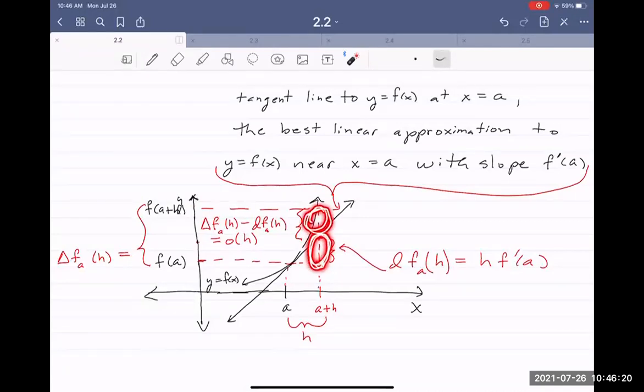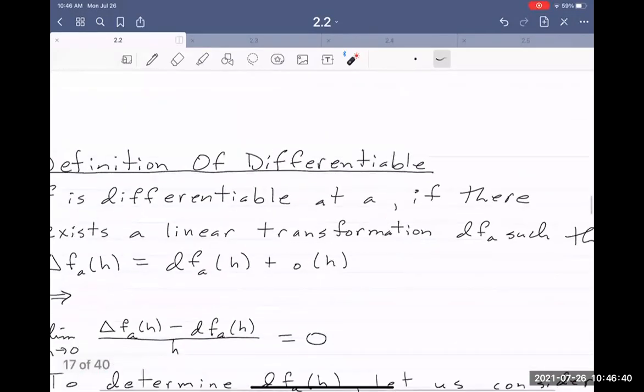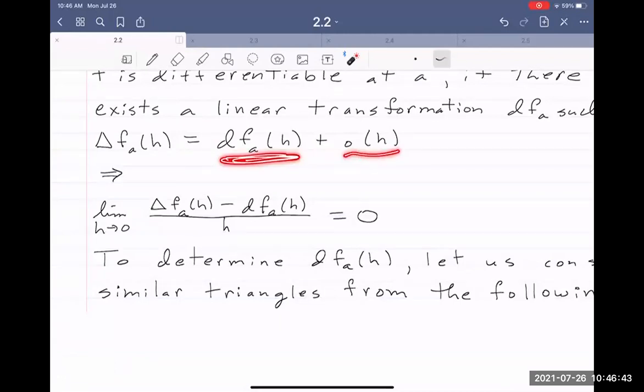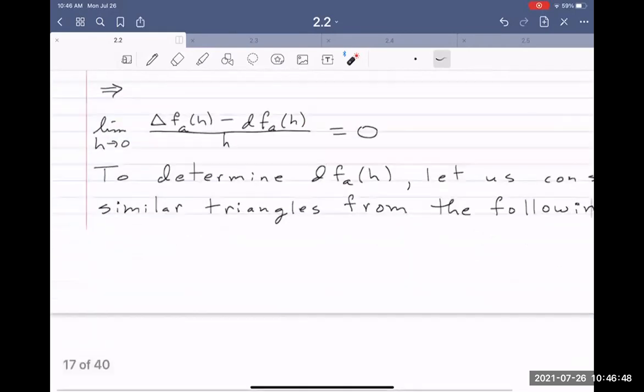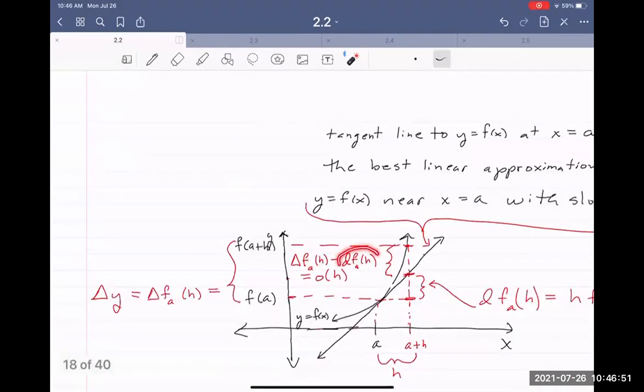Therefore, this is the difference of those two: delta f sub a at h minus df sub a at h. And we are saying that this is little o of h. Can I find some linear transformation so that this difference here is little o of h?